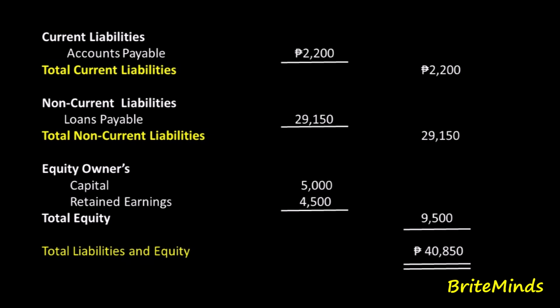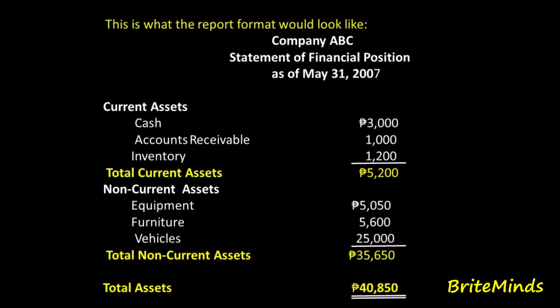And then the equity, okay, so we can see the owner's capital 5,000, and then the retained earnings of 4,500. So the total equity is 9,500. So we sum up the total liabilities and the equity, which amounted to 40,850.